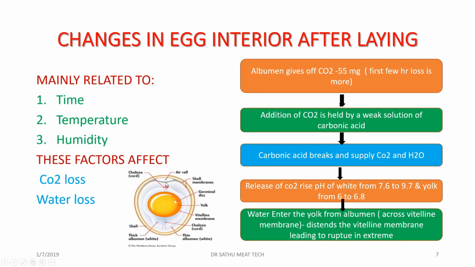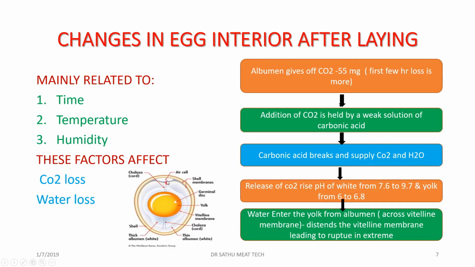This loss is more during the first few hours after laying. So if you want to maintain the quality of the egg, we have to do the shell treatment immediately after the egg is laid. The faster you do it, the better will be the retention of the quality of the egg.